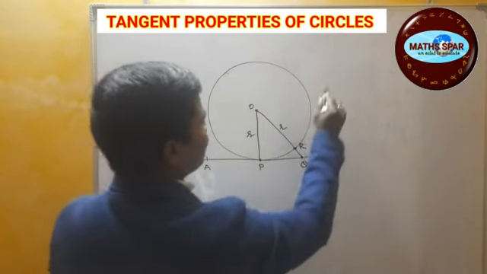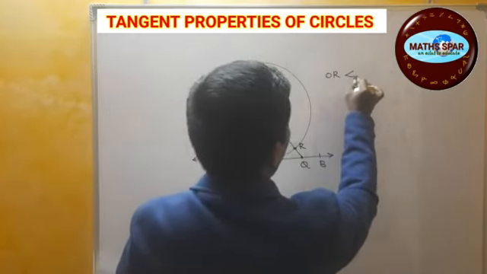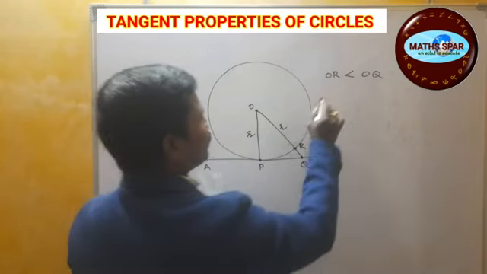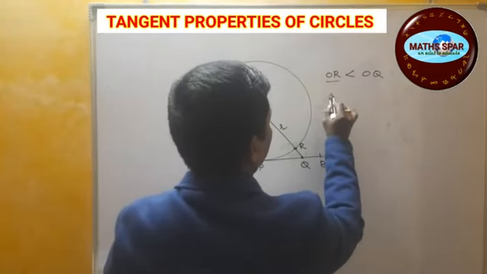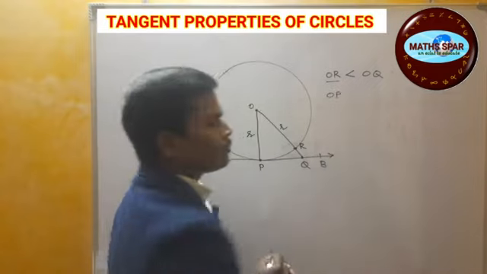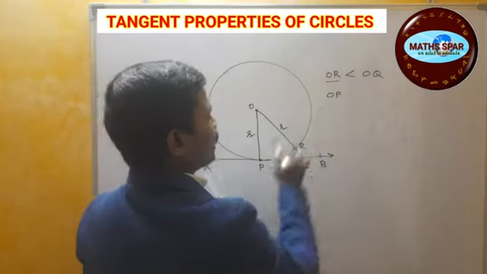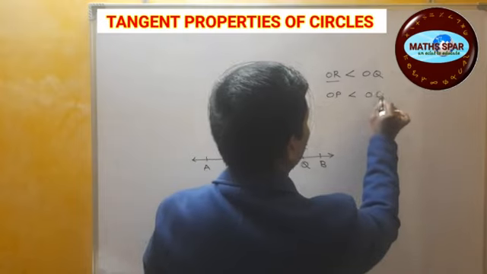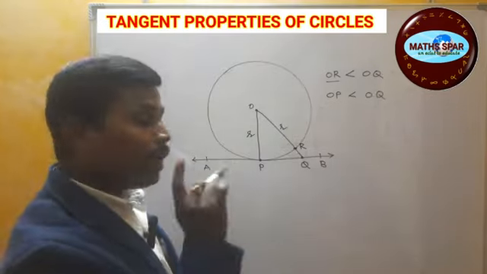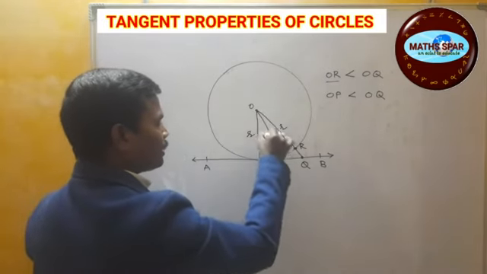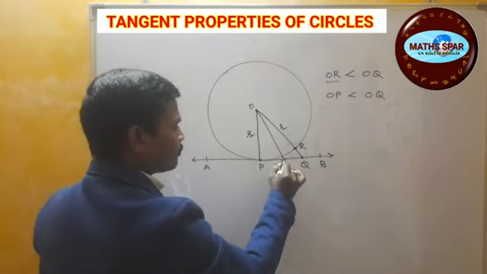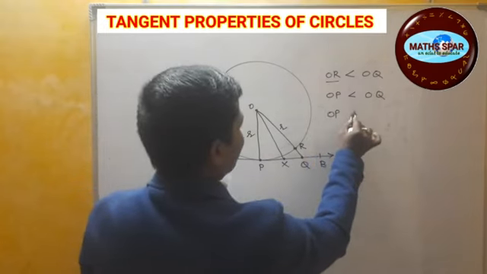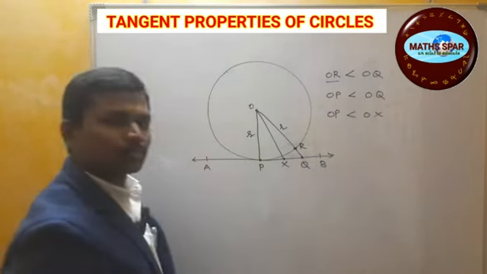So by this we can say that OR is less than OQ, but OR is OP. Why is OR equal to OP? Because both are radii of the circle. So OP is also less than OQ. Now let us see, if I take some point X here, then also OP is less than OX.